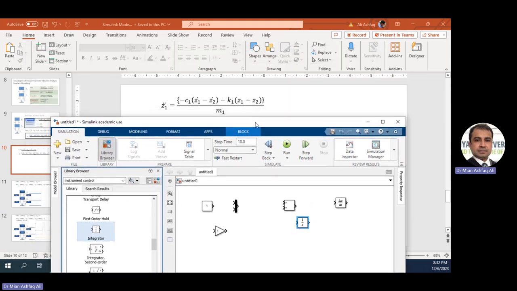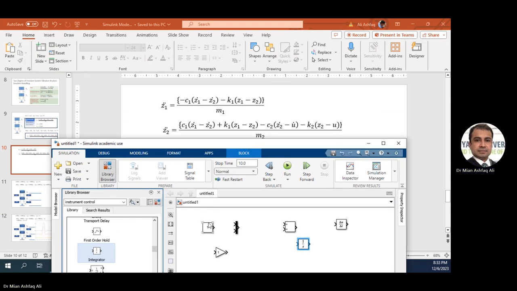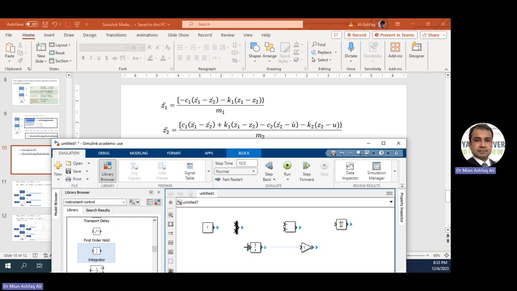Now, just to represent this first equation, what I'm going to do is I just take this signal, let's say I have a signal which is this one, and this is Z1 double dot.